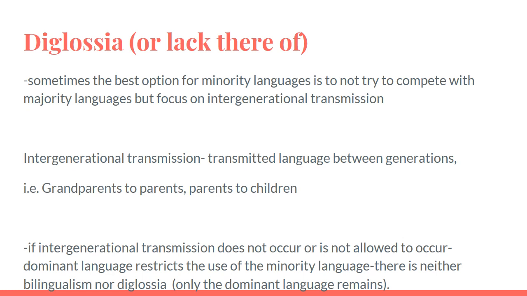And the intergenerational transmission of language allows for language to continue, and many times that is the end goal for minority language communities. So native indigenous languages in the United States, like Cherokee or Lakota, are minority languages, but they don't directly battle with English over which language must be spoken in those communities.